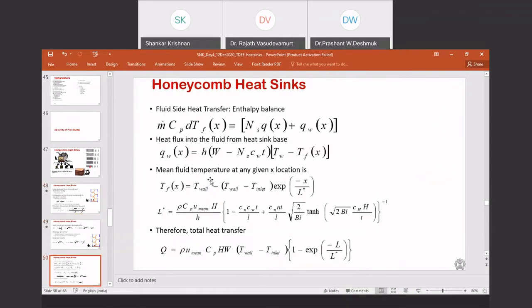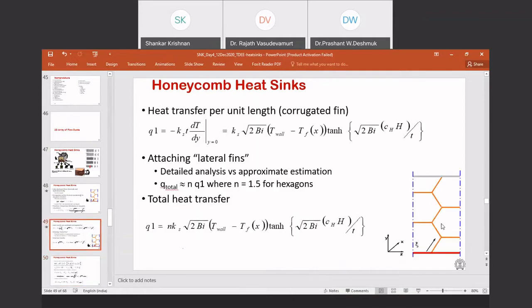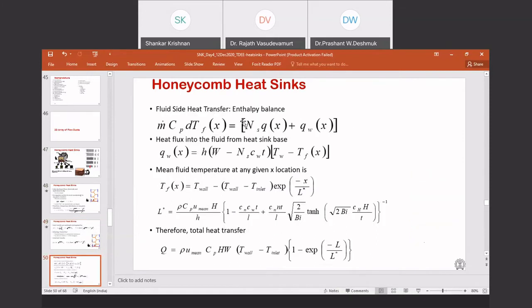For that calculation, all you have to do is a simple enthalpy balance. So m cp delta T is equal to, there are two paths for heat to get dumped into the duct. One is through these fins, the other is from the bottom base itself. So this is purely an energy balance.